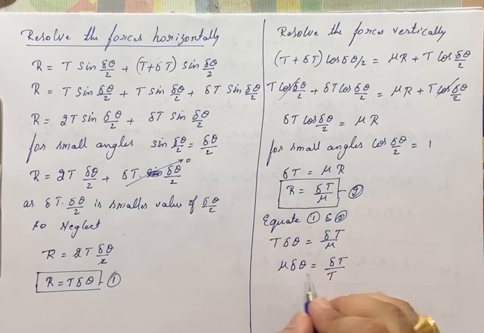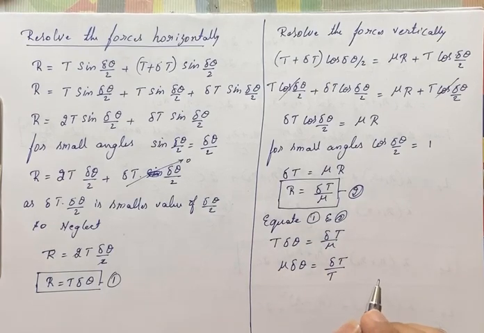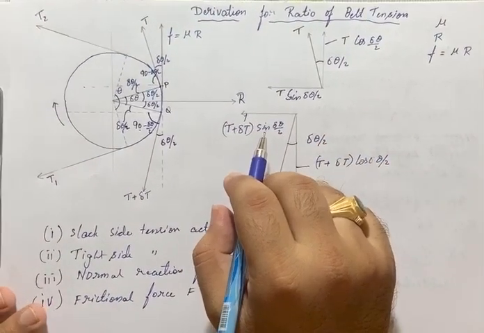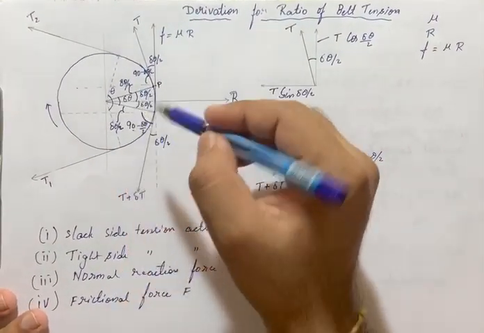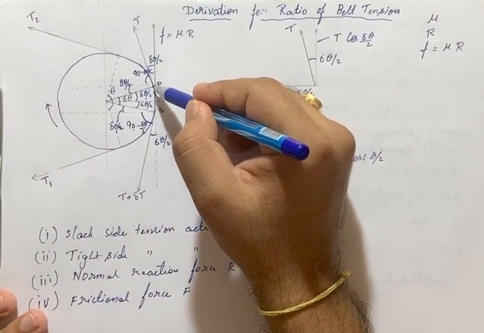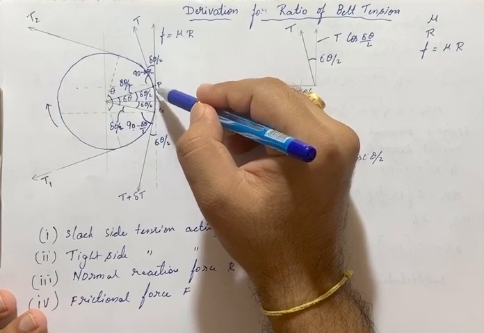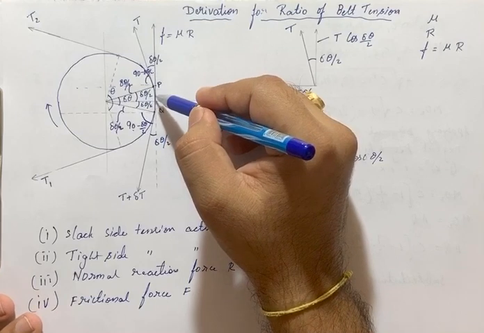Why am I writing this here? Because for this derivation we have considered only a small portion of the complete angle, from P to Q. This is the small element we have considered.